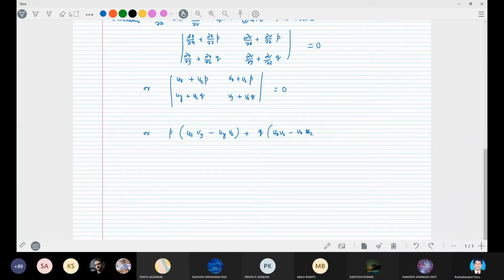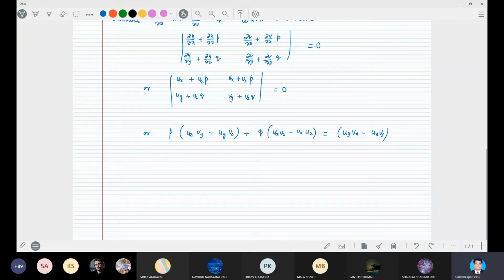Okay, please rearrange this one. You will get, minus vx into uz, is equal to uy vx minus ux vy. Okay, this is the form.